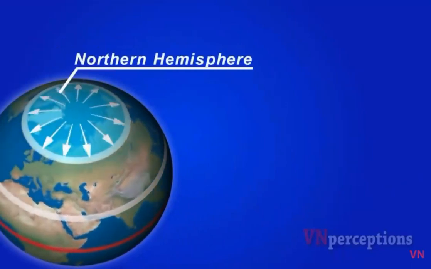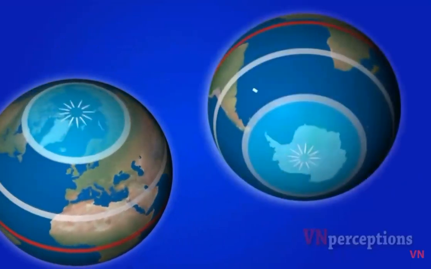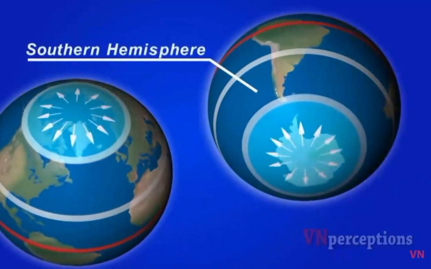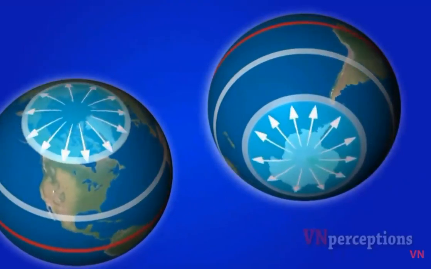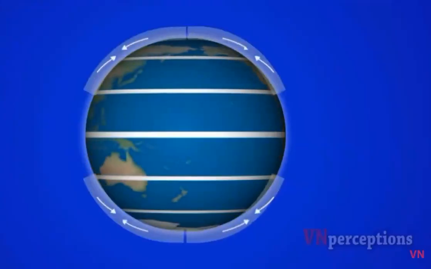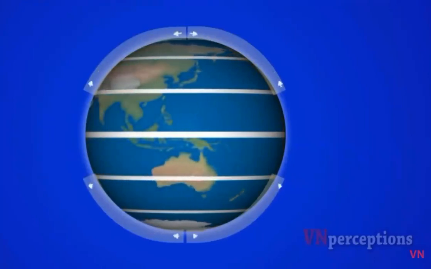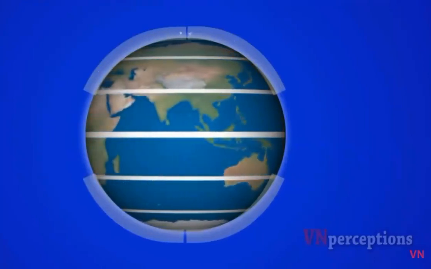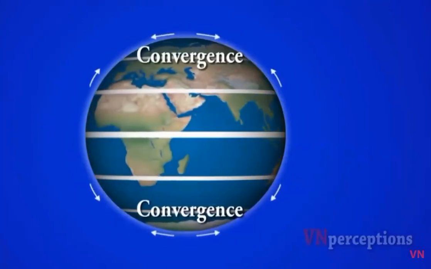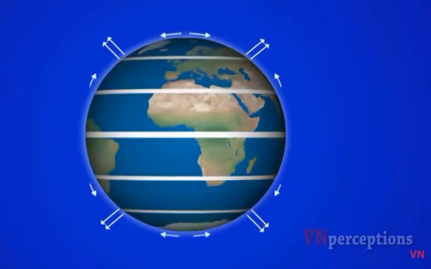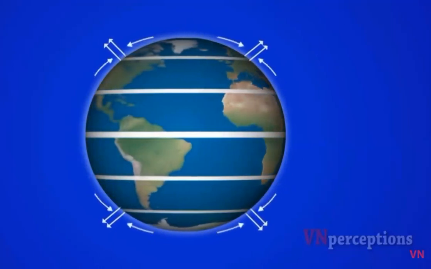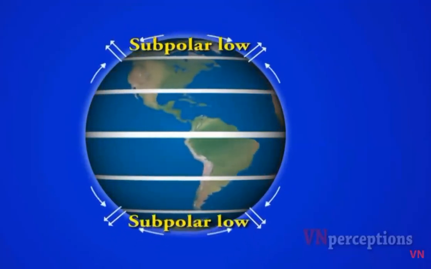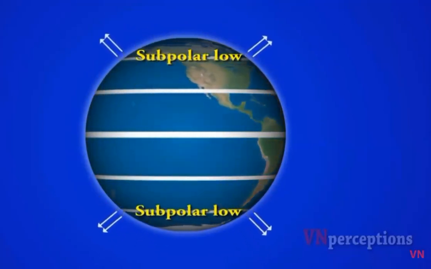In the northern hemisphere, the air moves towards the south, and in the southern hemisphere, the air moves towards the north. At this point, we have air coming from the north and south, so the air converges and rises up. These regions are known as subpolar lows.